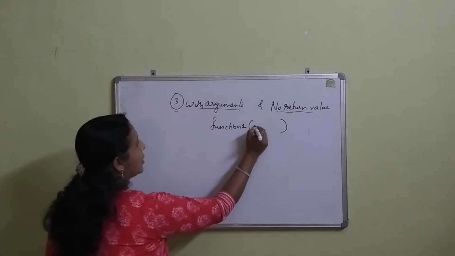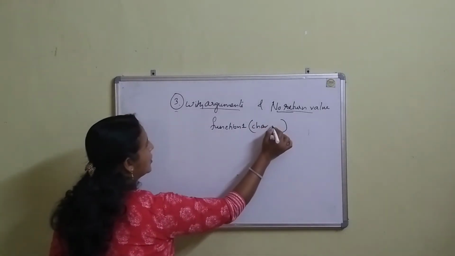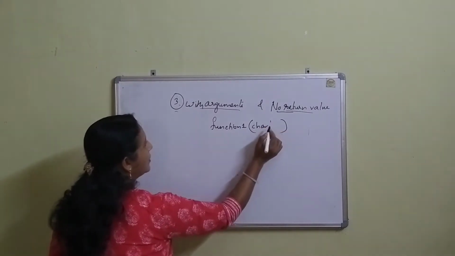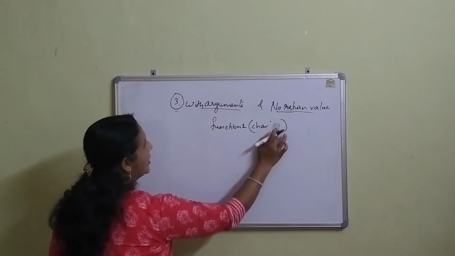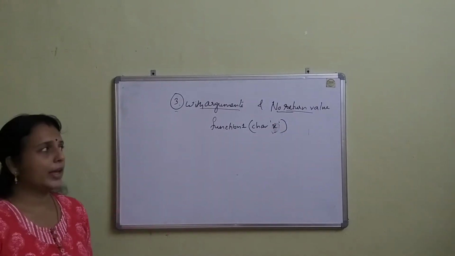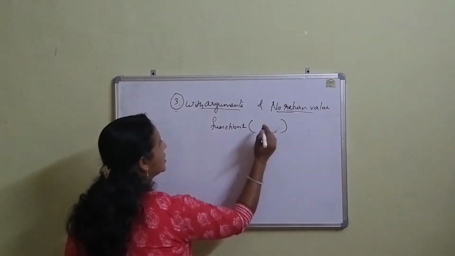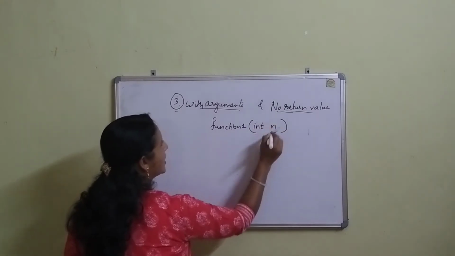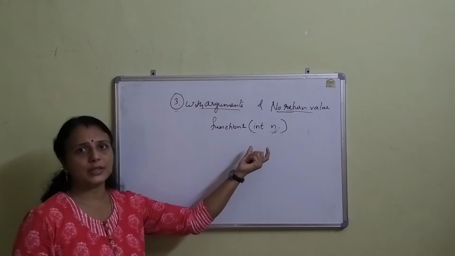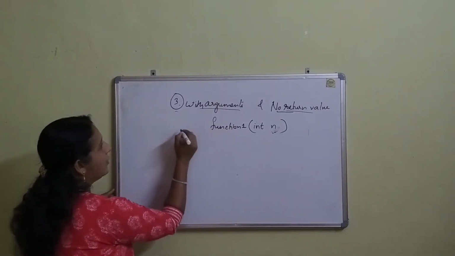Suppose you are going to write a character argument. When you give this character, you have to put the value x in single quotation marks. Otherwise, when you are going to give an integer, you can write int n. So it is taking some arguments, and it is going to give you no return value.